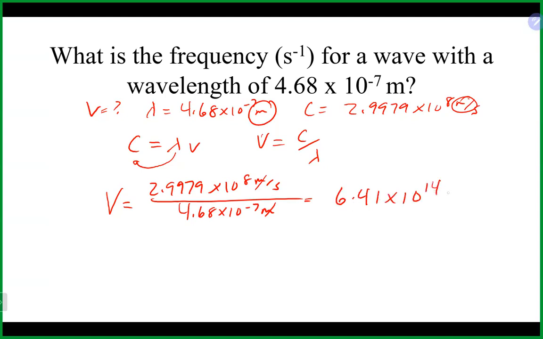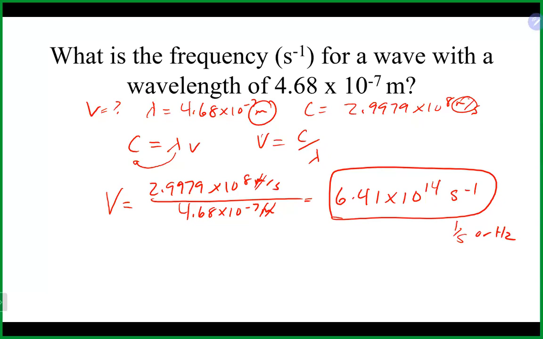The units here are reciprocal seconds, as the meters cancel, leaving us 1 over seconds when it's all done. 1 over seconds are hertz, right? 3 sig figs based off of the wavelength here. Any questions on that one there?